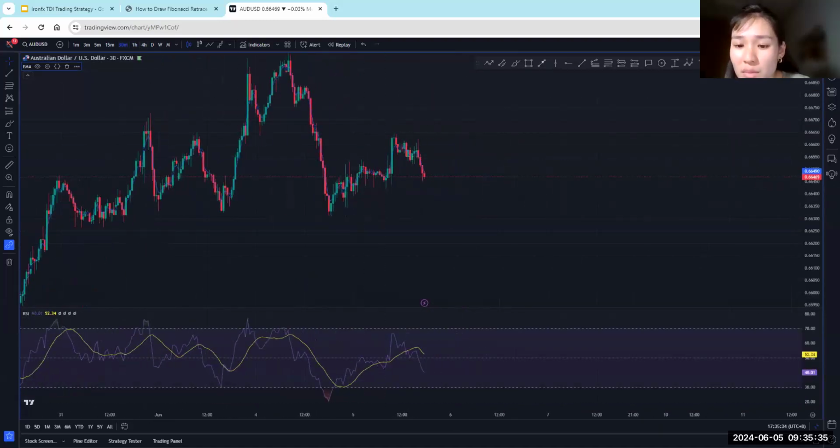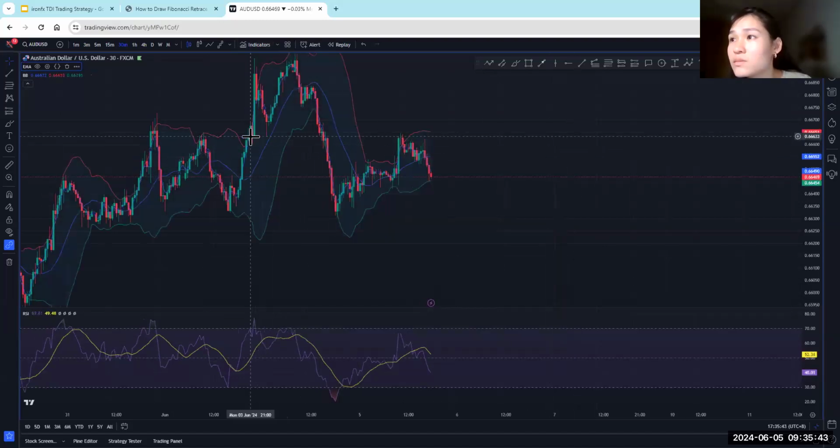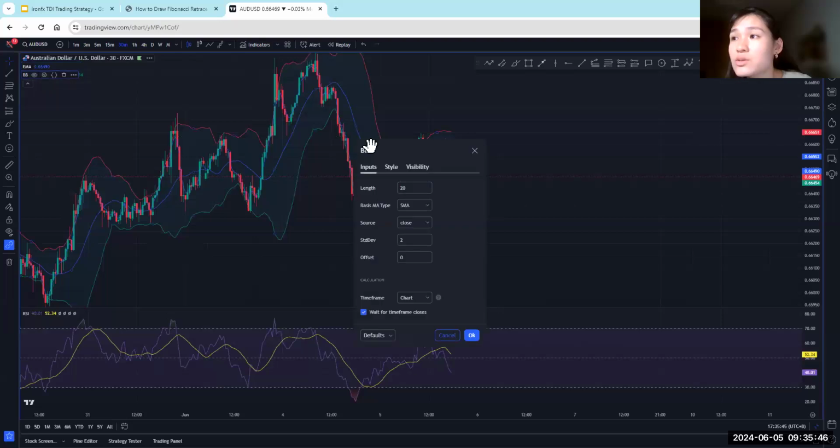Okay, but for Bollinger Bands, we just use these inputs.